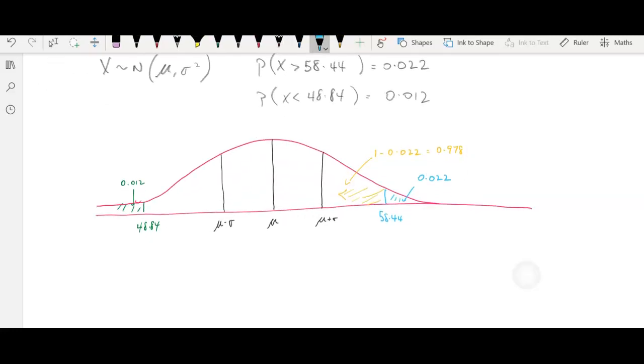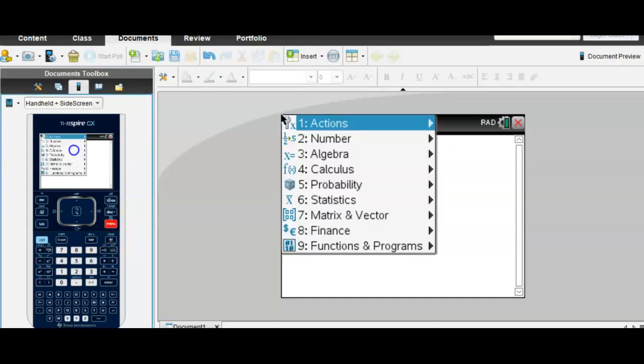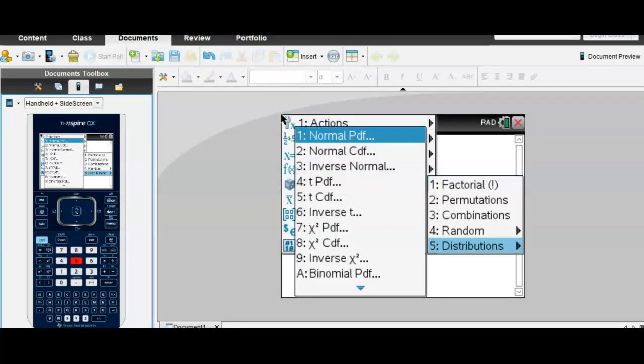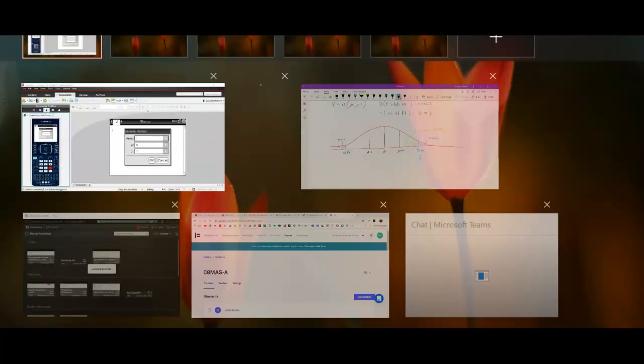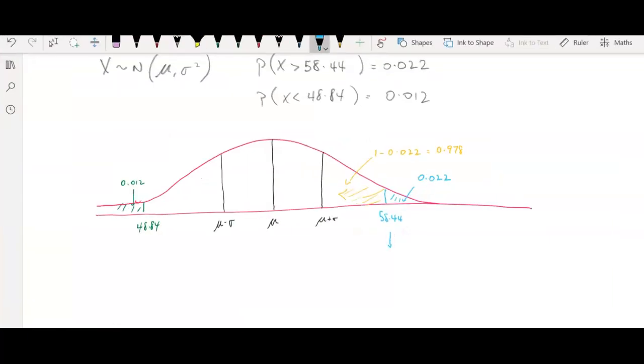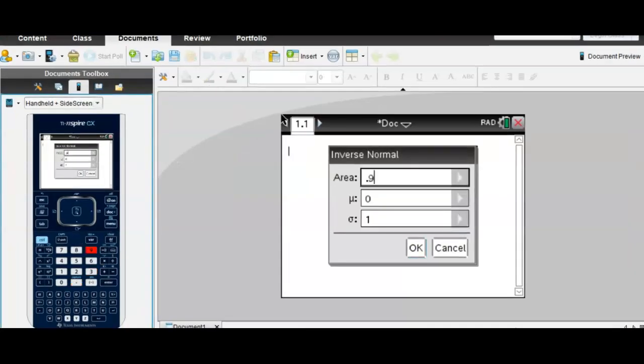So the z value for this guy will be found by getting into my calculator. I'll just find my calculator. Okay, so let's find menu 553 for inverse normal. Our area was 0.978, so 0.978 goes in here.